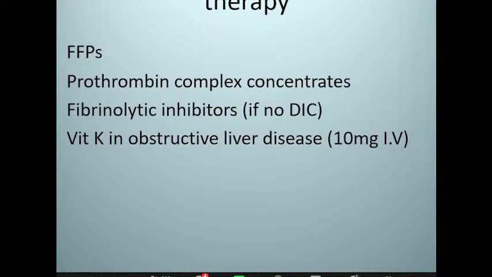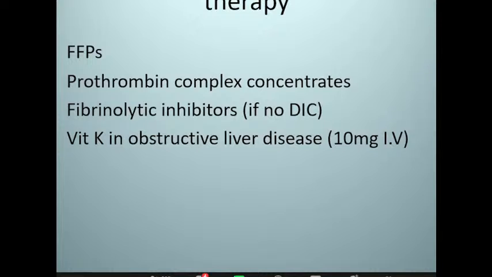So the fibrin tends to remain within the blood vessel, microvasculature, and will cause more end organ damage. So we would tend to avoid using fibrinolytic agents in DIC if possible, even if there is no DIC in patients with liver disease. The benefit of using it has to be weighed against the risks.